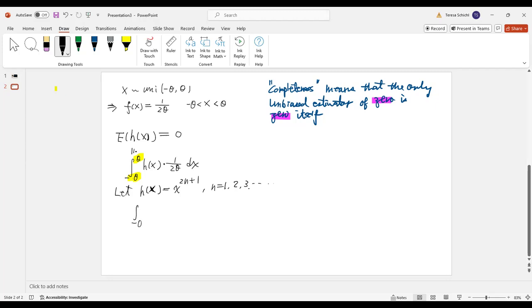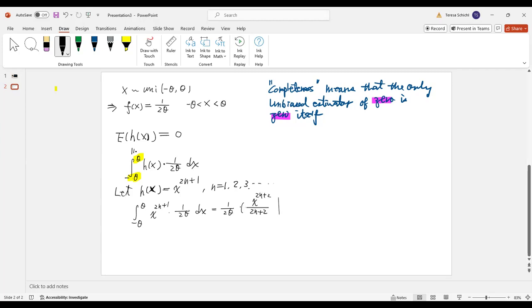So this will be the integral from negative theta to theta of x to the 2n plus 1 times 1 over 2 theta dx. You can take the 1 over 2 theta out, and the integral becomes x to the 2n plus 2 over 2n plus 2. I choose an odd function because after integration it becomes even.